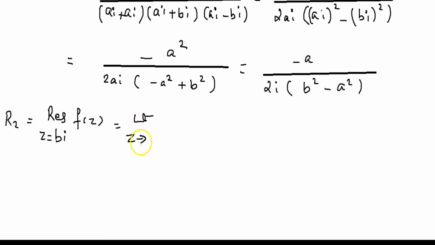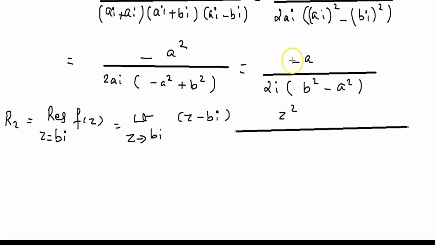Then limit z tends to bi, z minus bi, f of z is z square by z plus ai into z minus ai into z plus bi into z minus bi.